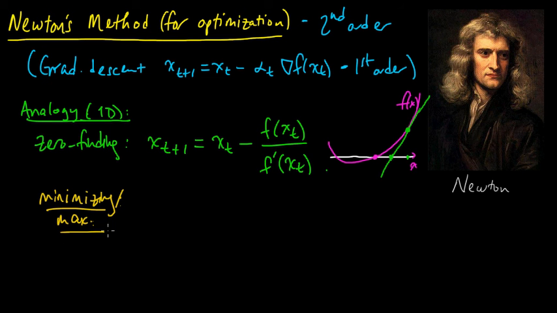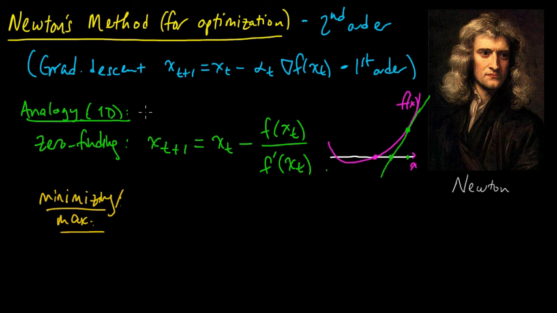Well, what is a min or max? The usual thing you try to do is set the derivative equal to 0, right? You try to set the gradient in higher dimensions, but in the one-dimensional case, you try to set the derivative equal to 0 and solve for the critical points. But if you can't do that analytically, then you can use Newton's method.